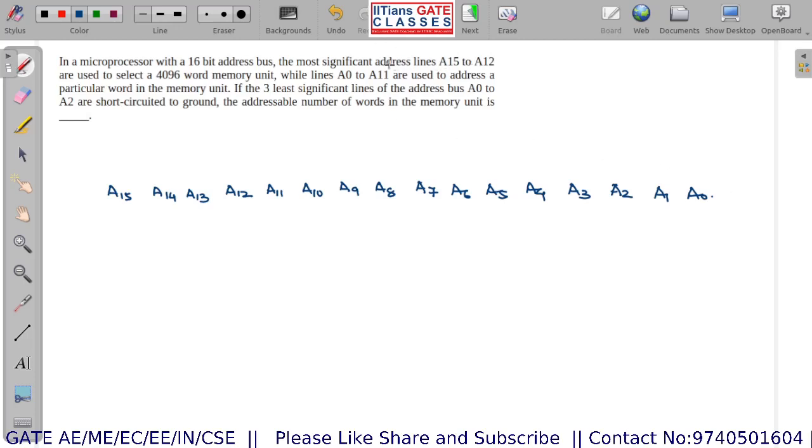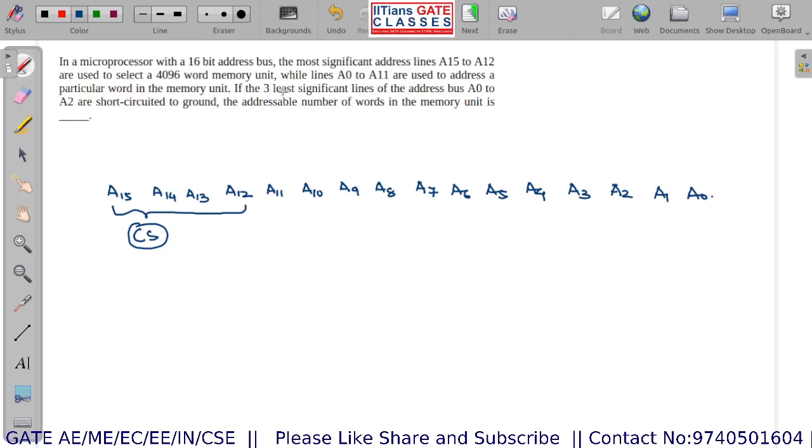It is given that the most significant address lines A15 to A12 are used to select a 4096-word memory unit. So A15 to A12 are used for chip select, while A0 to A11 are used to address a particular word in the memory unit.